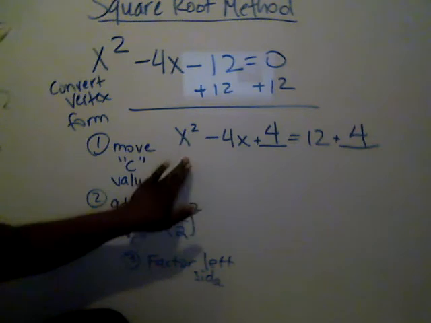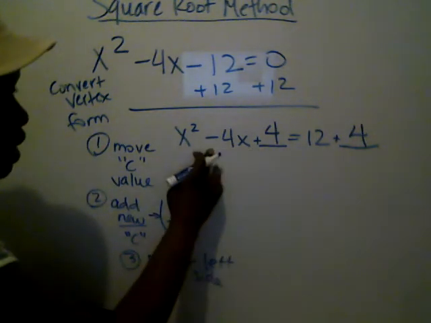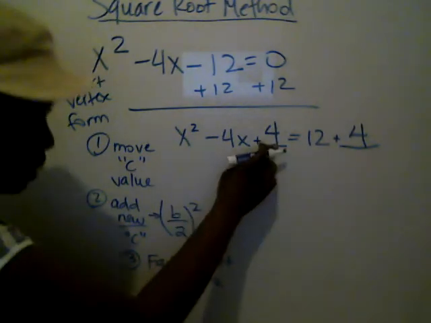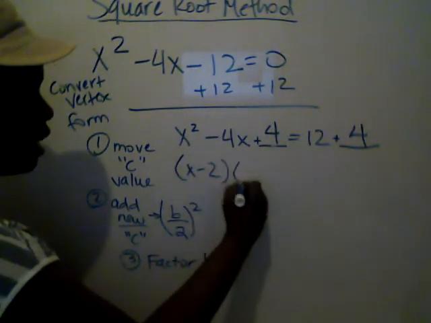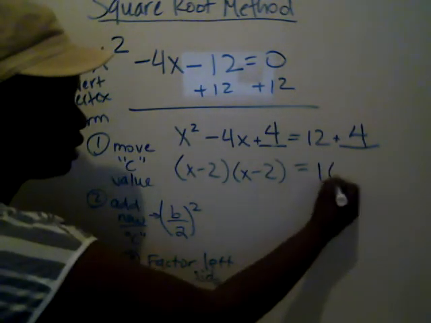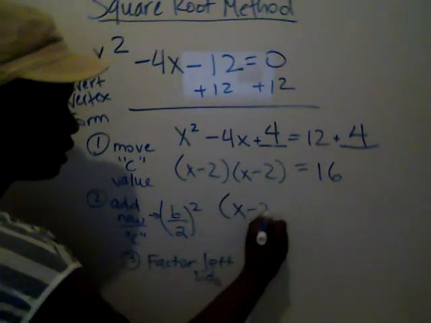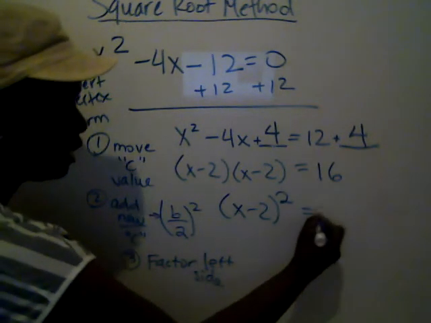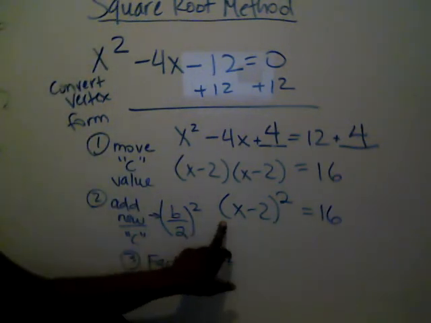The way we would factor that, we need things that multiply to 4 but add to a negative 4. It's going to be x minus 2 and x minus 2. We add these two together to get 16. Well, x minus 2 times x minus 2, we can write as x minus 2 squared, because they're identical. And voila, now we are in vertex form.